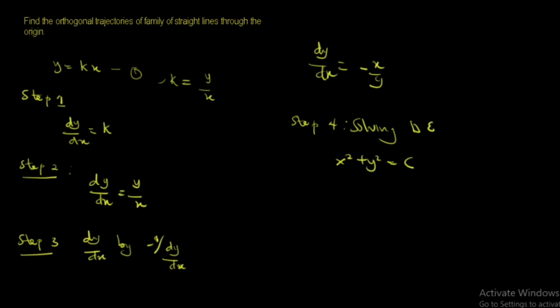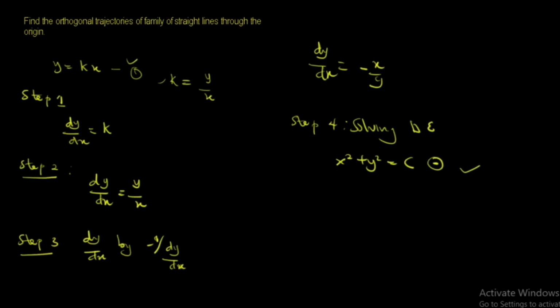Now, the orthogonal trajectories of the family of straight lines through the origin, given by y is equal to kx, is this equation. Note that this equation is the family of circles with the center at the origin, right? So at the end, we find the family of this one.